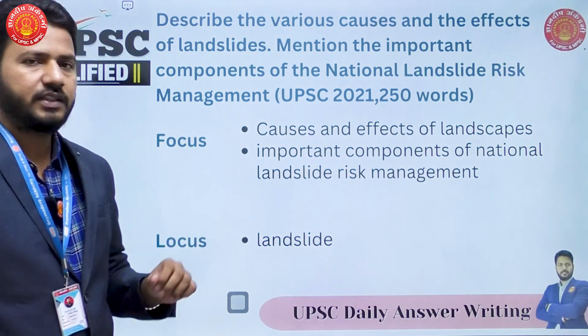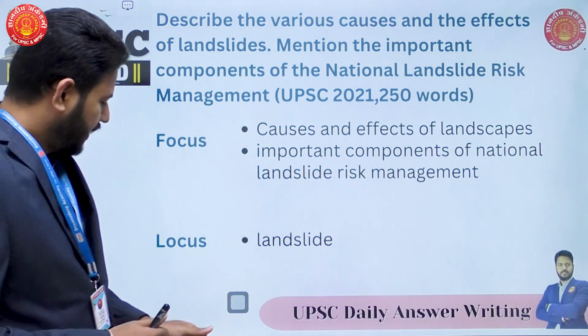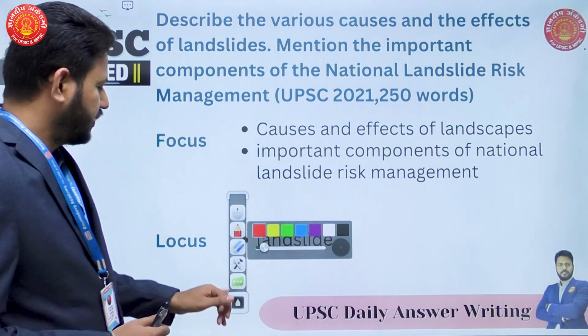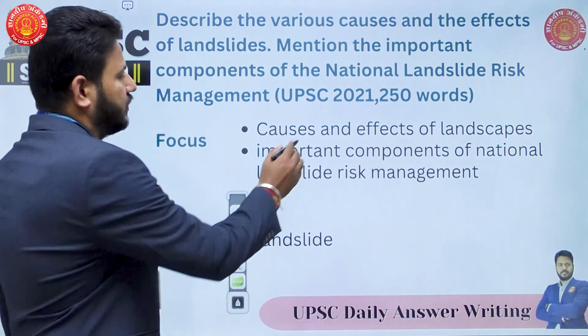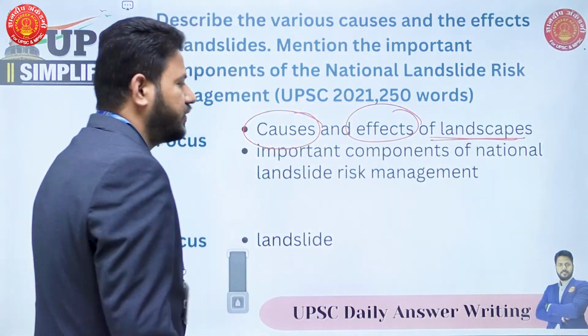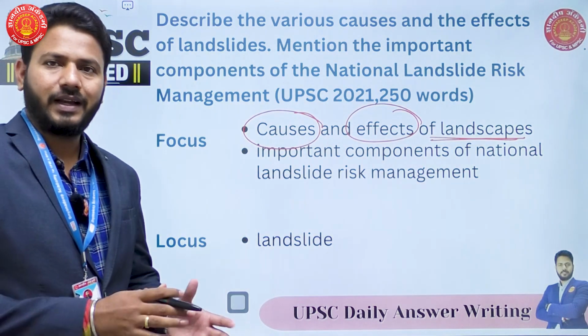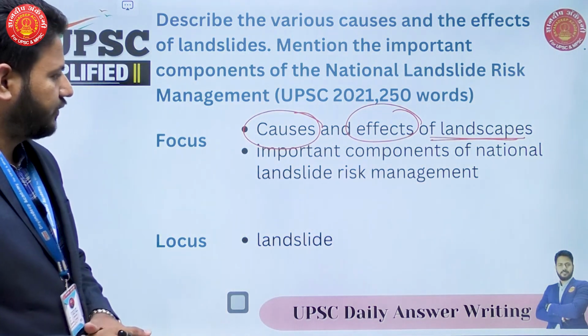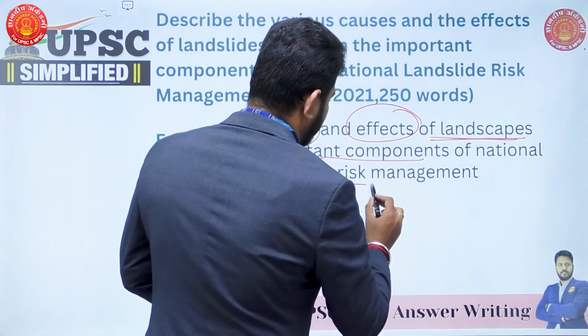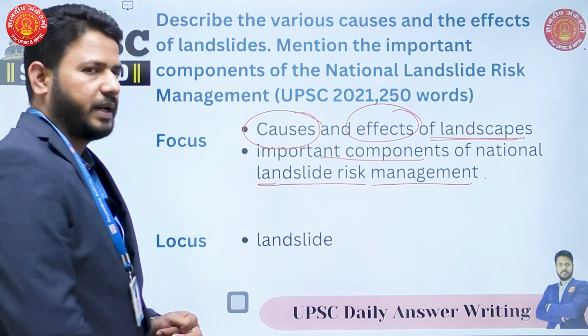So, as usual, first we'll see the focus and locus of the question. Now, in this question, there are two important focuses. One is causes and effects of landslides. The other focus is what are the important components of National Landslide Risk Management Program.